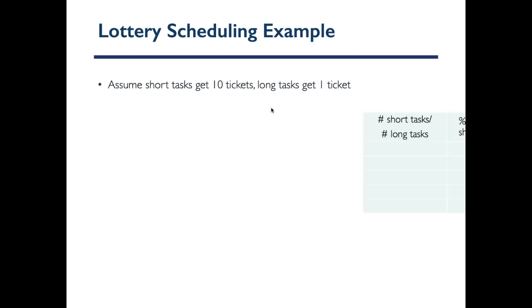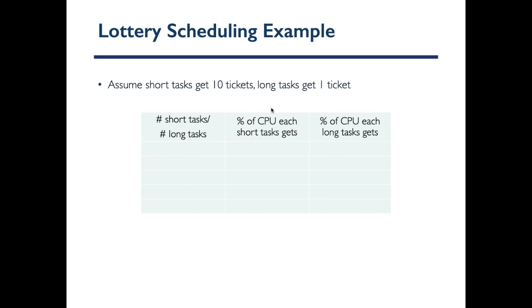Now, here's an example of lottery scheduling in action. Let's assume that each short task gets 10 tickets and each long task gets 1 ticket.